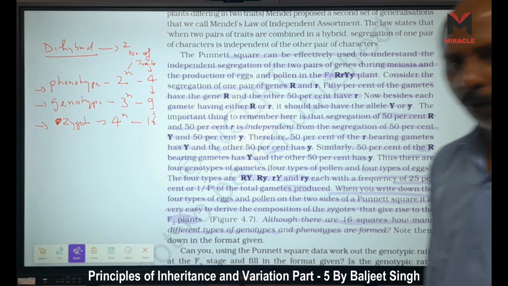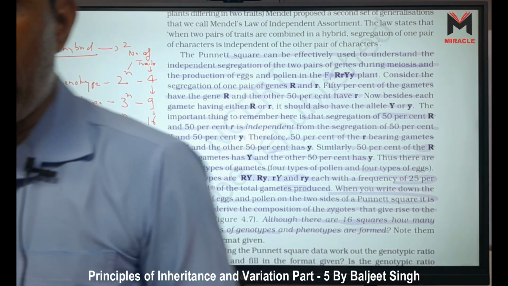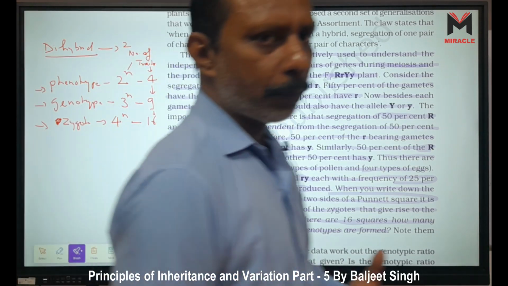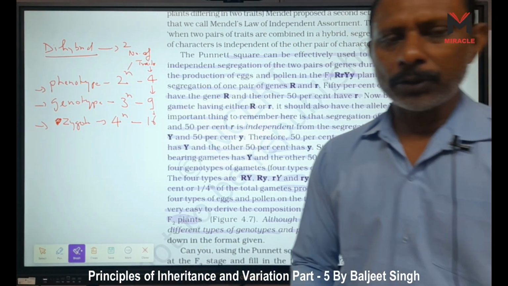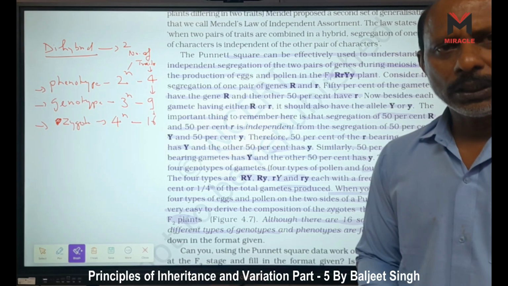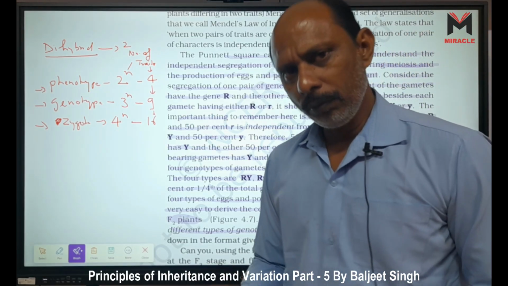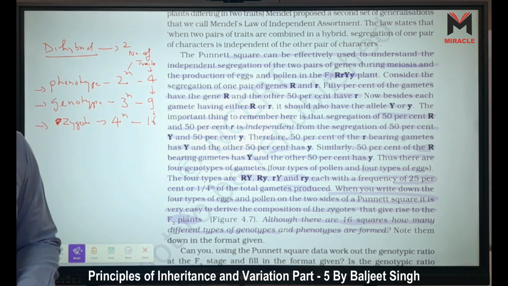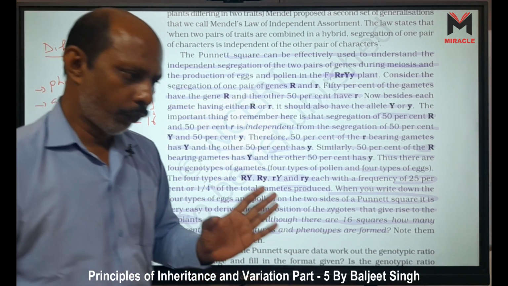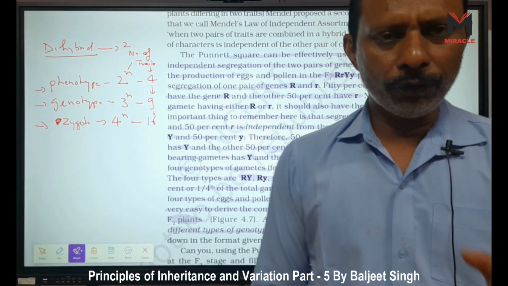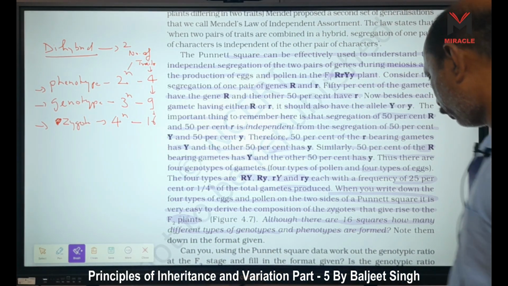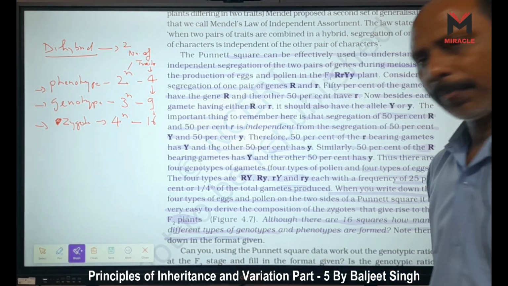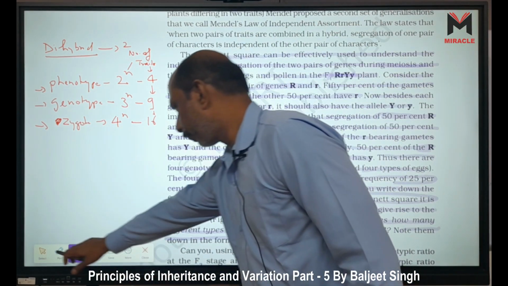I already told you there are 4 types of phenotype, and the ratio is 9:3:3:1. And there are 9 types of genotype, and the ratio is 1:1:1:1:2:2:2:2:4. You understand? 4 times 1, 4 times 2, and 4. That is the ratio. Note them down in the format given. Right? Note them down.